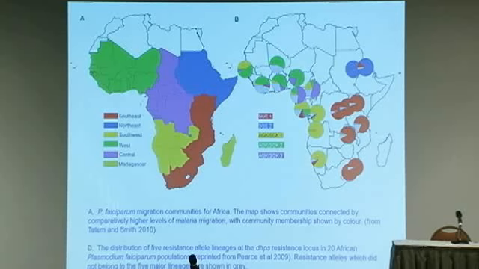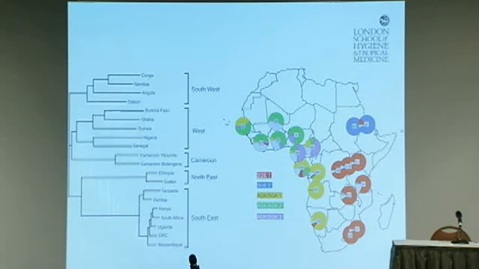So finally, I'll just say what the Tanzanian study is showing: there's a lot of heterogeneity even within a country. There's also homogeneity in the type of alleles that are present.